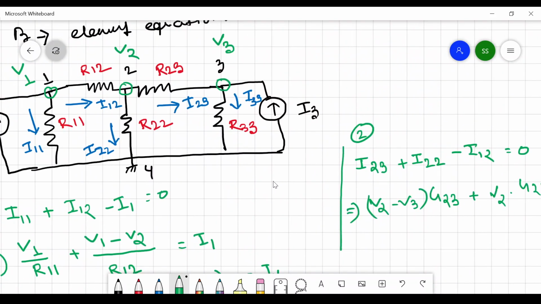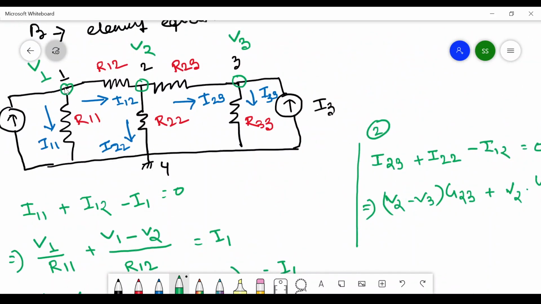I12 I can write as V1 minus V2 into G12.